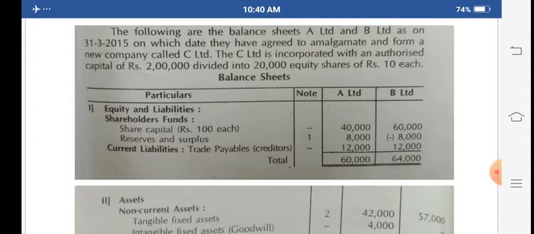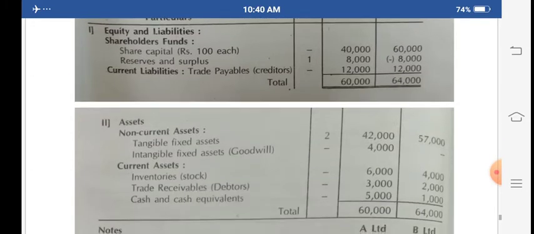Now this is the balance sheet of A Limited and B Limited. Equity and liabilities: 60,000 for A Limited and rupees 64,000 for B Limited. Assets: 60,000 for A Limited and 64,000 for B Limited.